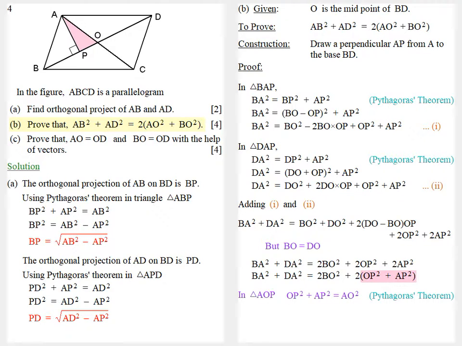So in the equation, the OP squared plus AP squared becomes AO squared. Now, if we factorise the last two terms in that equation, we get AB squared plus AD squared equals 2 into AO squared plus BO squared, which is the thing that we're required to prove.